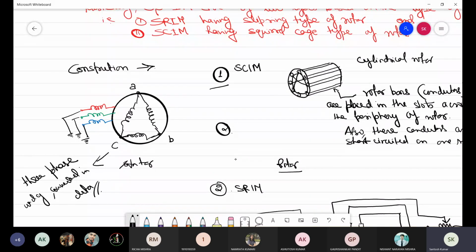Now rotor. First rotor is of squirrel cage induction motor. In squirrel cage induction motor, it's a very simple and robust construction. No maintenance, very cheap.